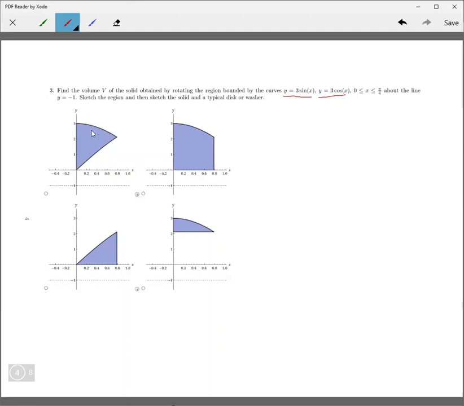So that could be 3 cosine x. So this has got to be it right here. Here's y equals 3 cosine x up on top. On the bottom is y equals 3 sine x. And you're rotating about this line down here.